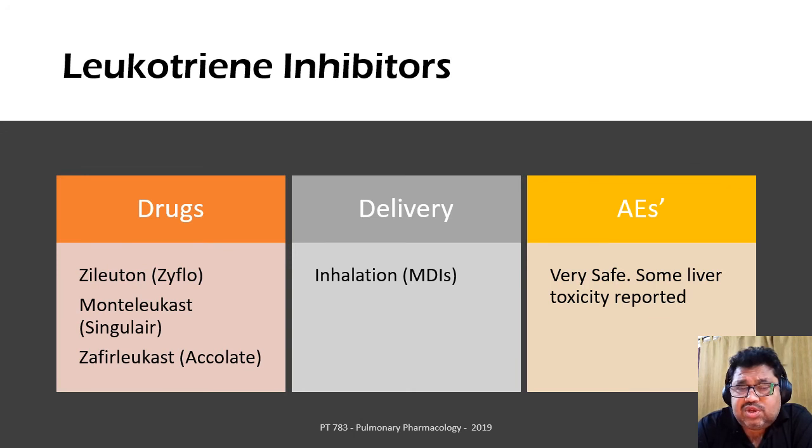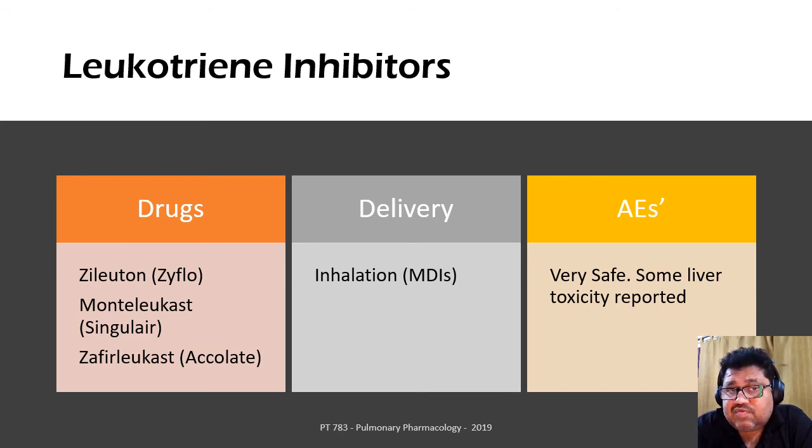There are also newer drugs which fall in the category of leukotriene inhibitors. Leukotriene inhibitor drug examples are Zyflo or zileuton, and montelukast, which is Singulair. You may have seen advertisements of it, and so on.